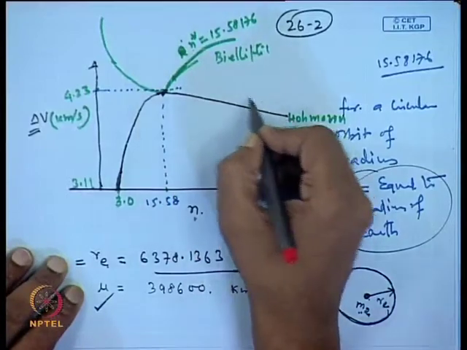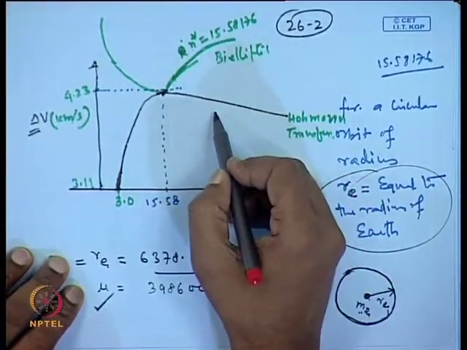Okay. If we increase the value of n star further, we get a different curve.